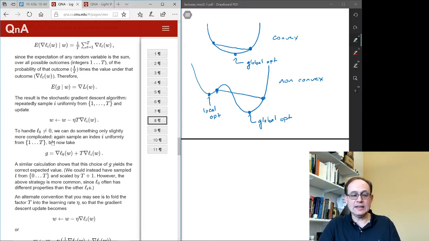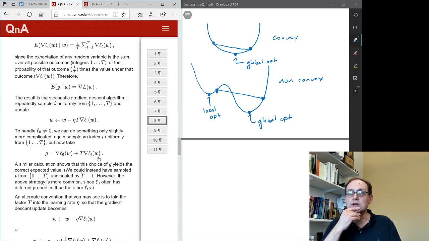And the reason that this is more common is something that I said earlier, which is often that we'll take L0 to be qualitatively different from L1 through L capital T. So L0 could have the prior, and L1 through T could be our data. And so we'll always keep the prior in our gradient estimate, and then we'll randomly sample a piece of data to put in our estimate.